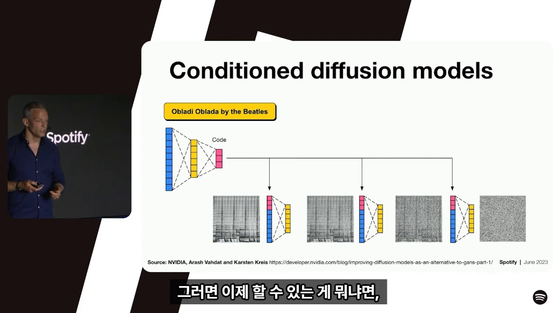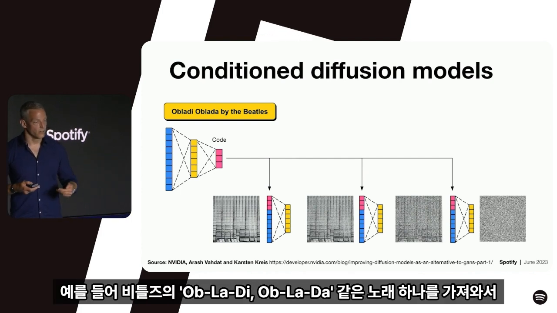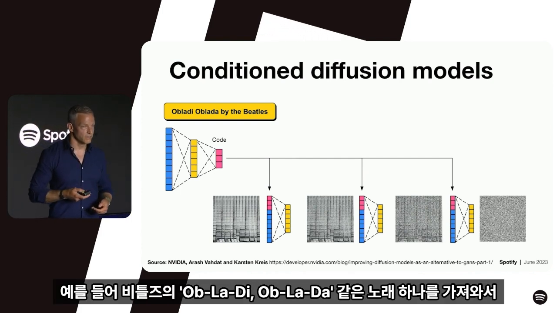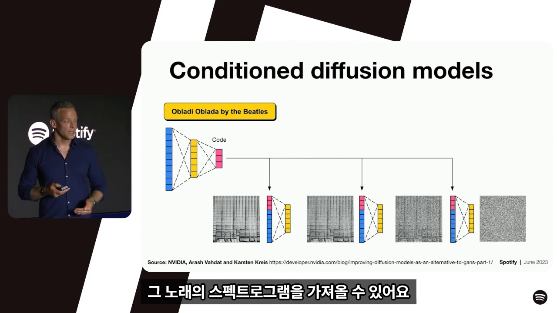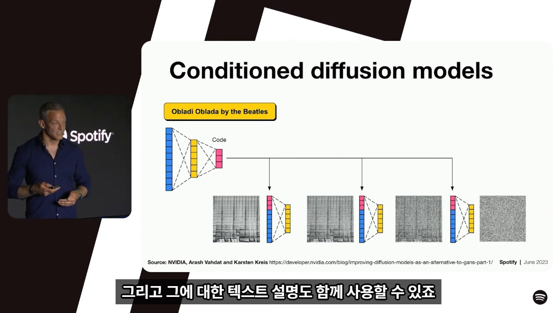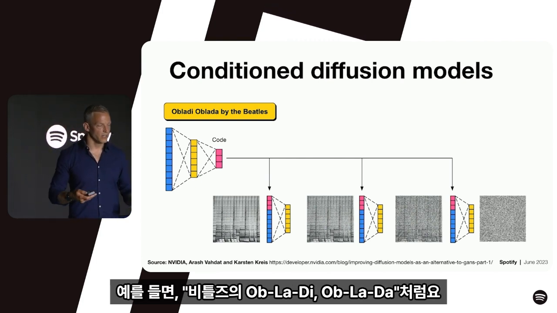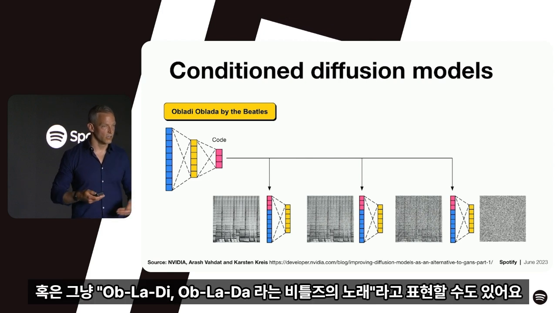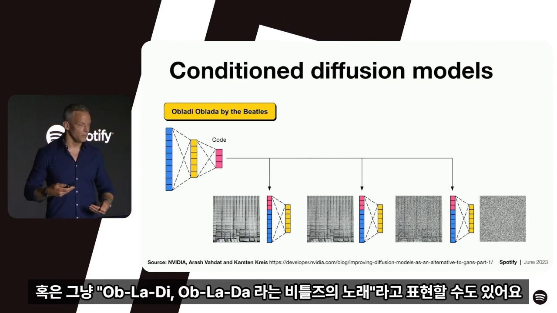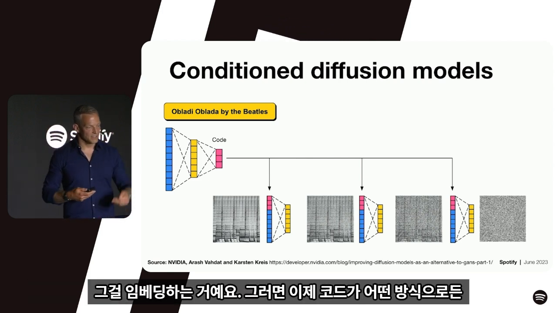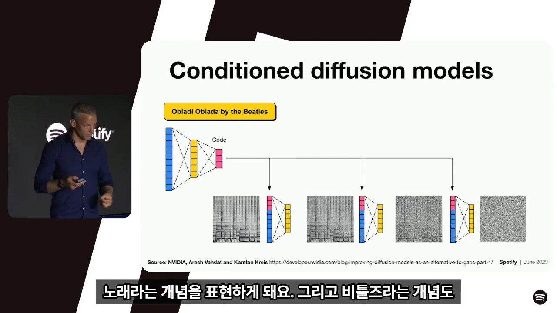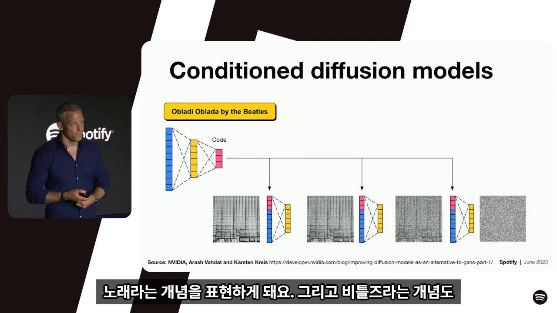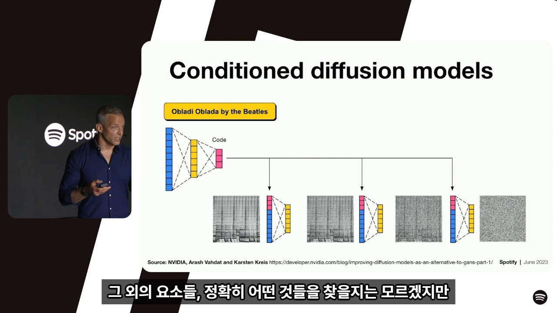So now what you can do is you can take a song, for example, Obladi Oblada by the Beatles. You can take the spectrogram of that song, and you can take the description in text, literally, the song Obladi Oblada by the Beatles. You embed that, so now the code is going to somehow represent the concept of a song, the concept of the Beatles, and some other things that we don't fully know.